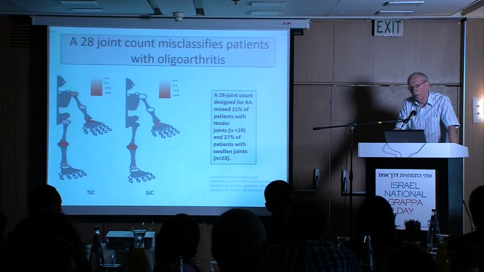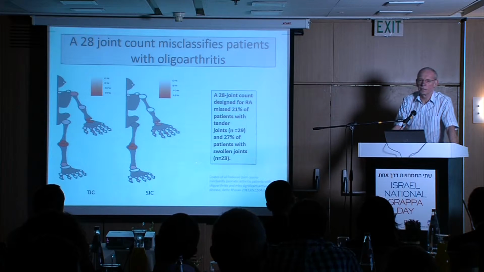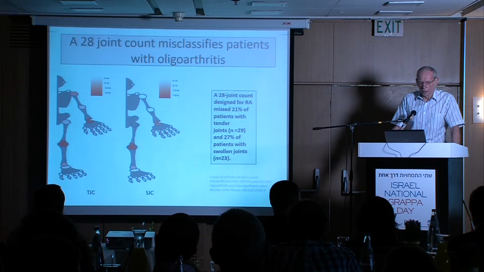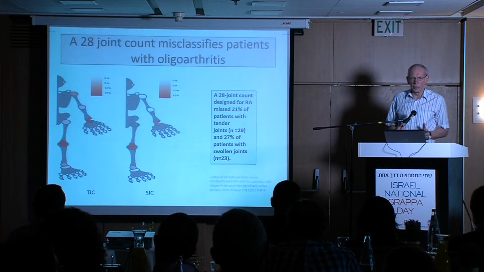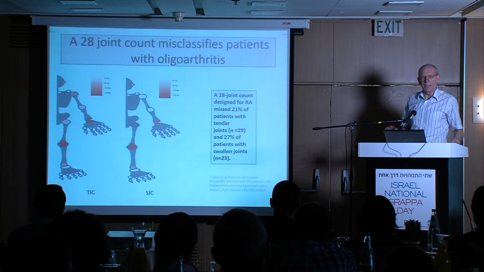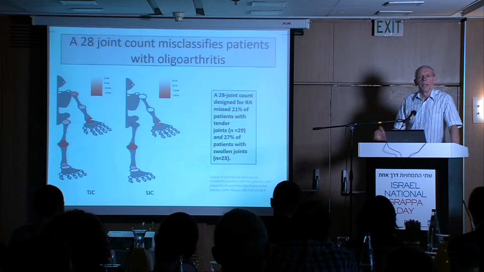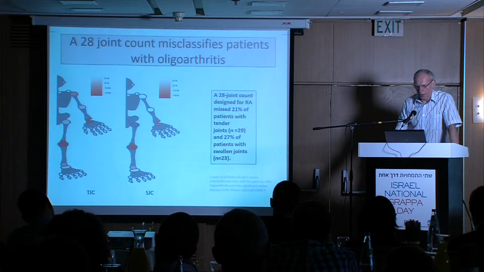And a recent survey in the UK found that 50% of units were only doing 28 joint counts in their patients. So the thing I would say about psoriatic arthritis and joint counts is you must do the full gamut. Seems a lot, but it isn't. Once you get the hang of it, then it doesn't take that much longer to do a full joint count.